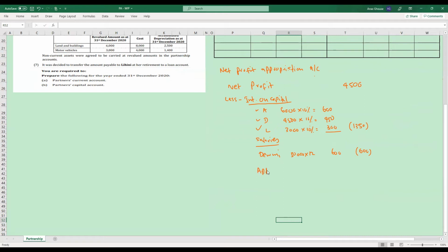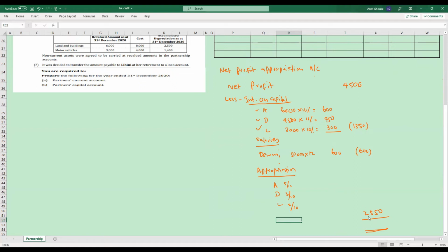You can say appropriation of profits, in the ratio 5 out of 10, 3 out of 10, 2 out of 10. So what is the profit to be appropriated? That will be 4.5 million minus 1,350, 600, which is 2,550,000. So that is the profit to be distributed.